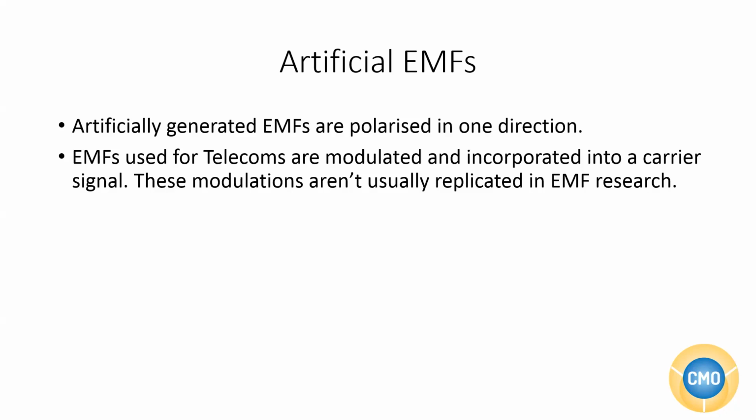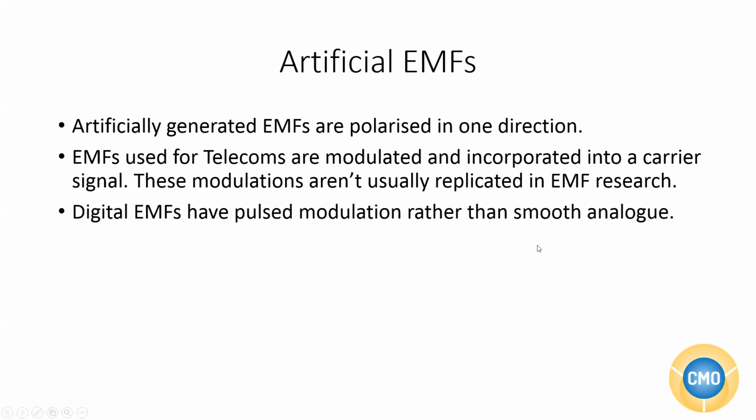EMFs used for telecoms are also modulated and incorporated into a carrier signal, and unfortunately a lot of the research that is done looking at the effects of electromagnetic fields on the body is just using static electromagnetic fields and frequencies, and none of these modulations are being included in the research. And of course, these modulations have a big impact on how the body can respond to the electromagnetic fields that it's being exposed to.